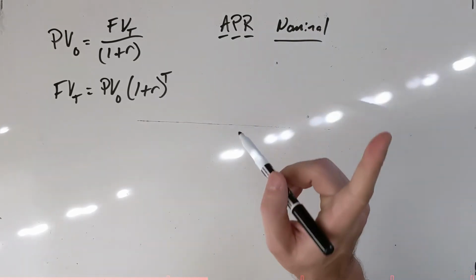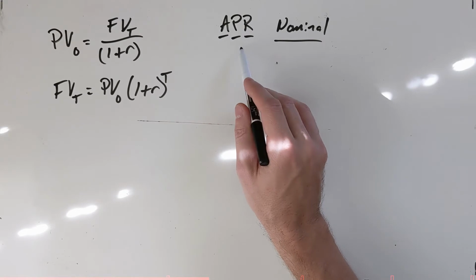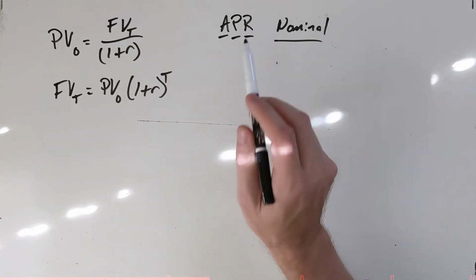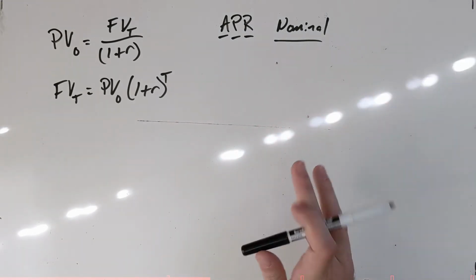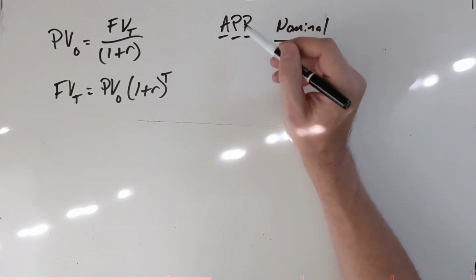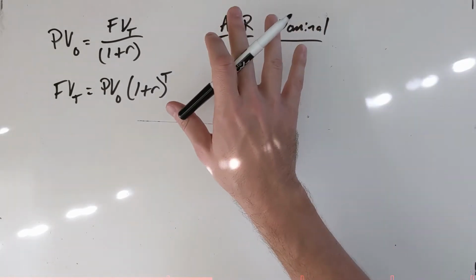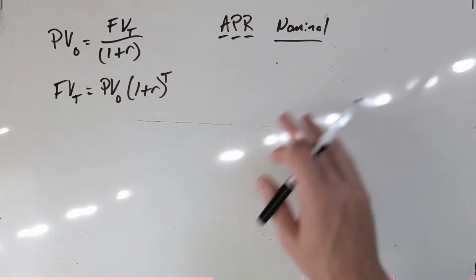That does not mean that this represents the interest compared to principal that you would pay in a year, which I know is very confusing. And the problem is this, this doesn't account for compounding. It's just a nominal rate that is used to figure out the impact of interest.